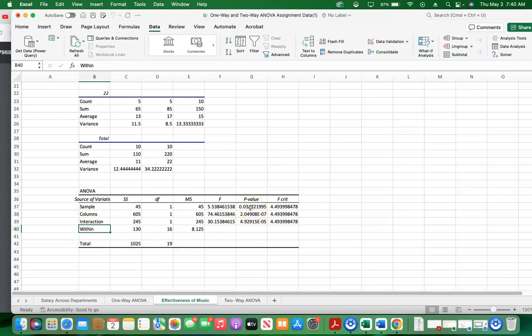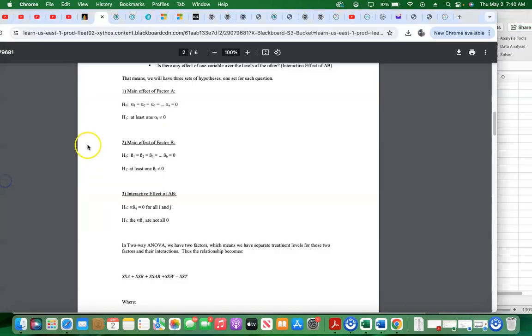The first p-value is less than 0.05, and therefore we can reject the null hypothesis for the first one, and we can say that at least one group reacts differently to the music. So let's look at the other.